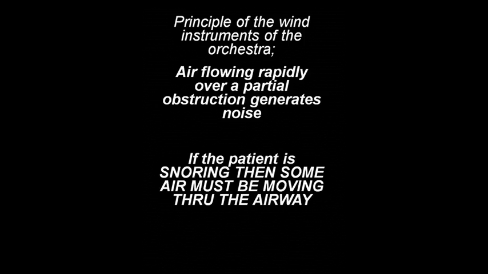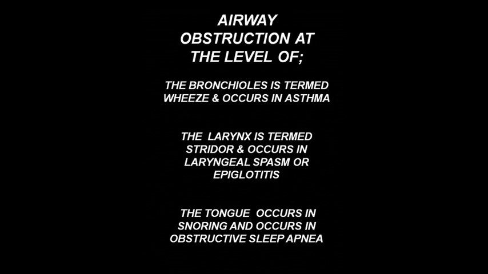Now, interestingly, the principle of the wind instruments of the orchestra is that air flowing rapidly over a partial obstruction will generate a musical noise. Similarly, if the patient is snoring, it means that some air must be moving through the upper airway.